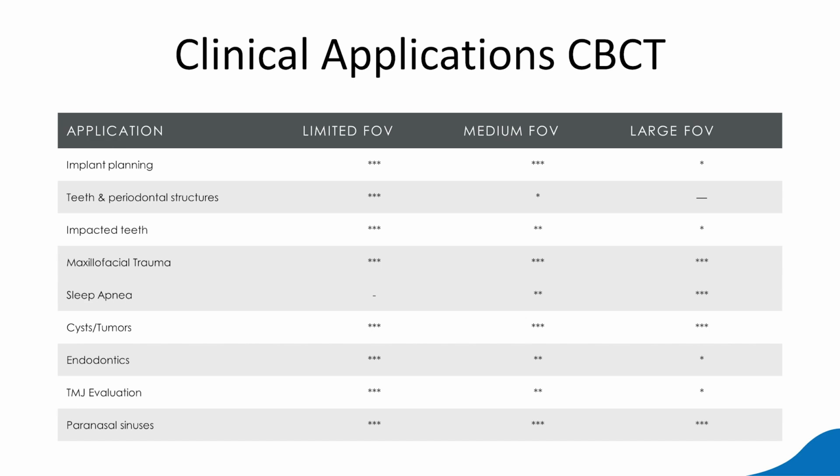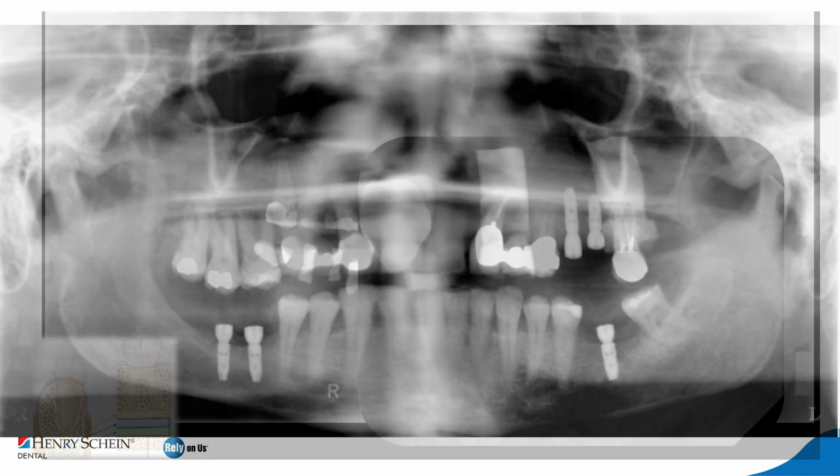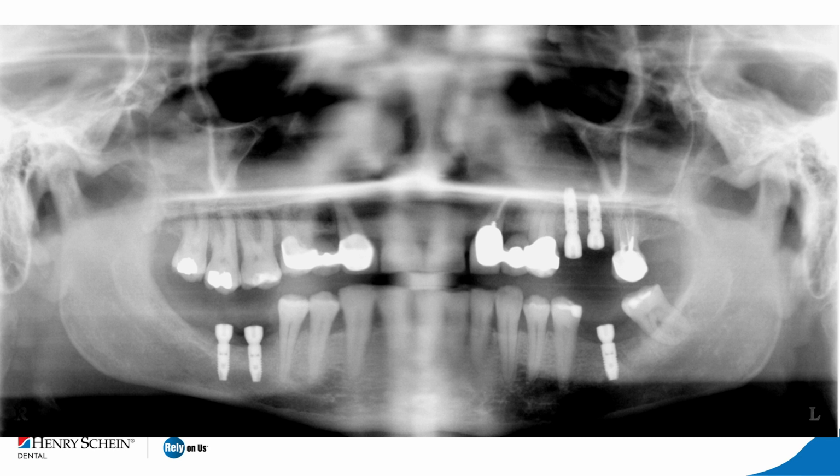And if you want to assess your sinuses, here is an example of a case, and that's the radiograph pre-op. So again, treatment plan was done on PAs and on PAN to place implants. So that is the patient after the implant surgery.